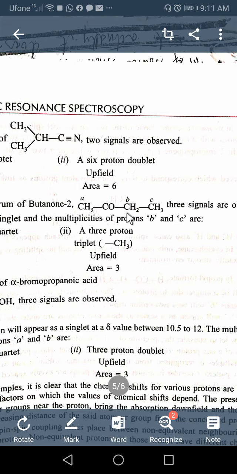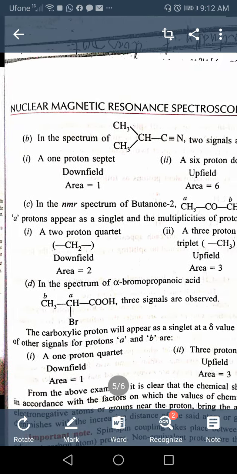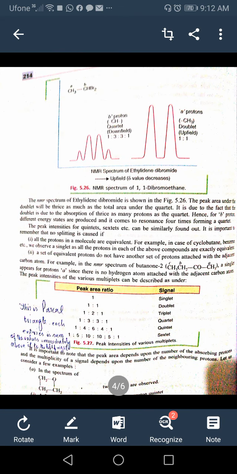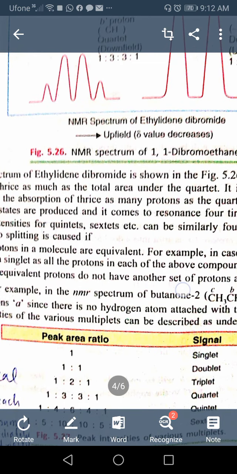The CH3 proton has n equal to 2 on the adjacent carbon. So the number of split lines will be n+1, 2 plus 1 is equal to 3. That will be a triplet. In the triplet the ratio is 1:2:1.